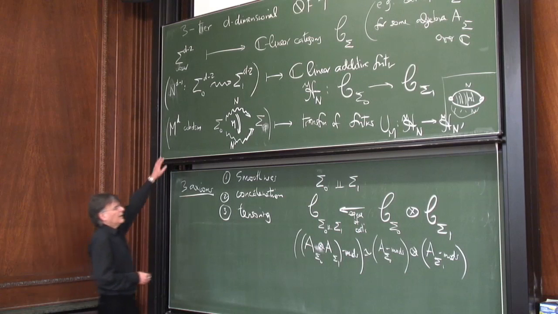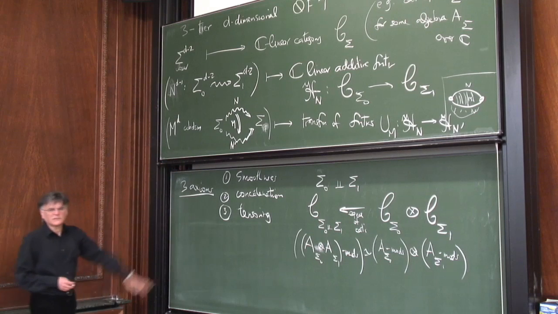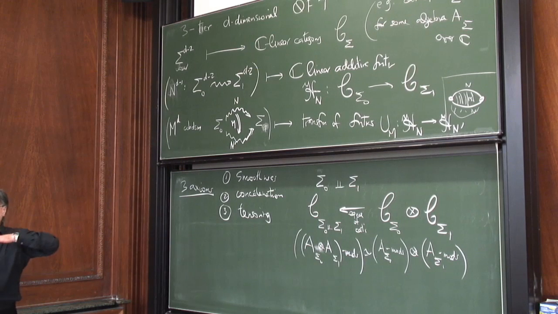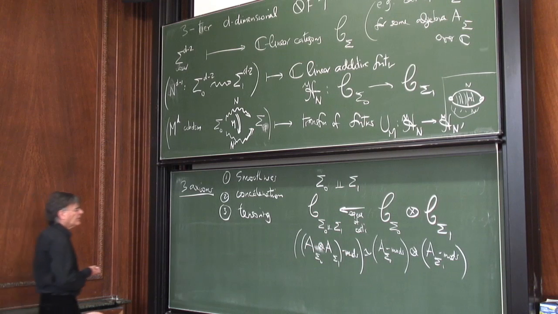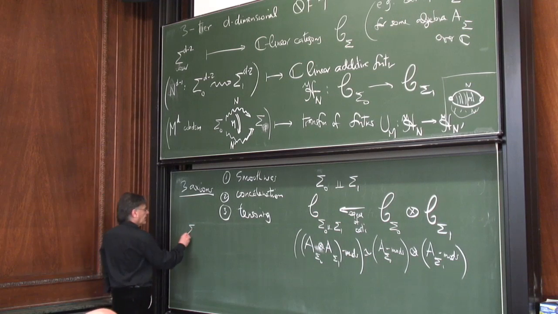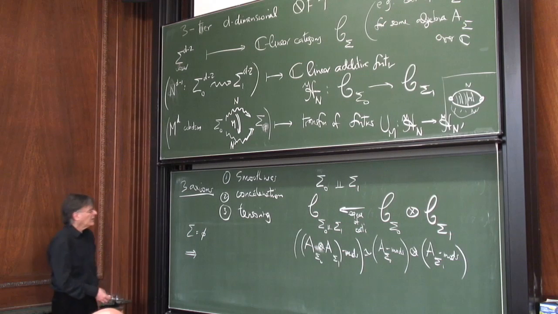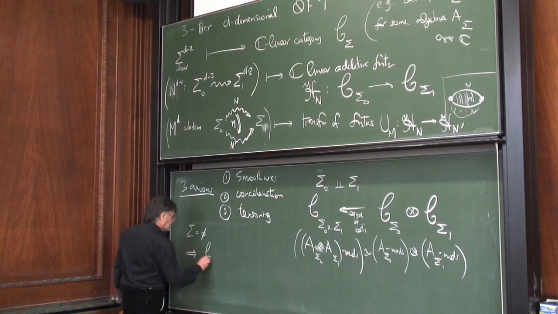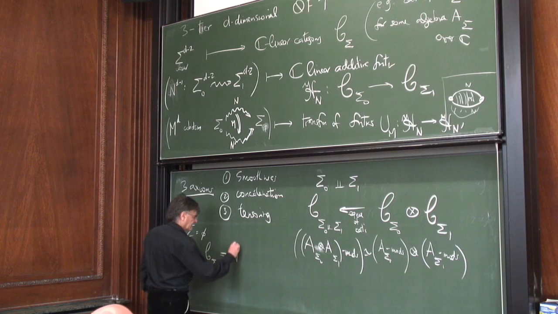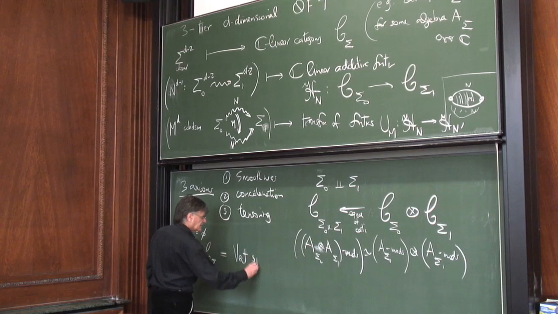Well, just as in the case of the two-tier structure, there are lots of simple things you immediately read off. For example, if sigma is empty, that implies by exactly the same rule that C sigma is just the category of finite dimensional vector spaces.